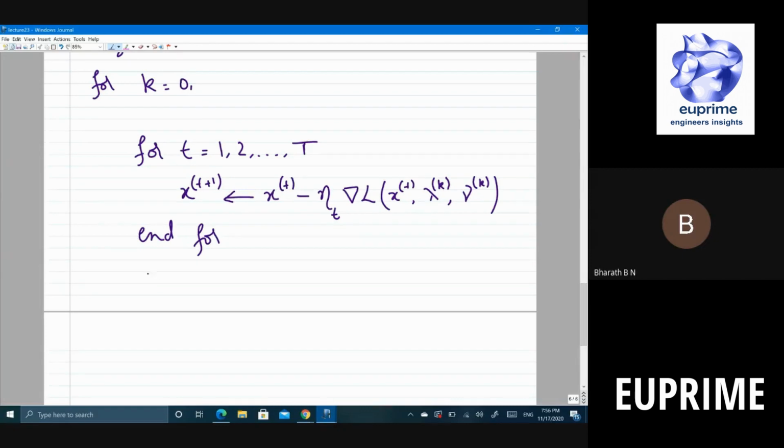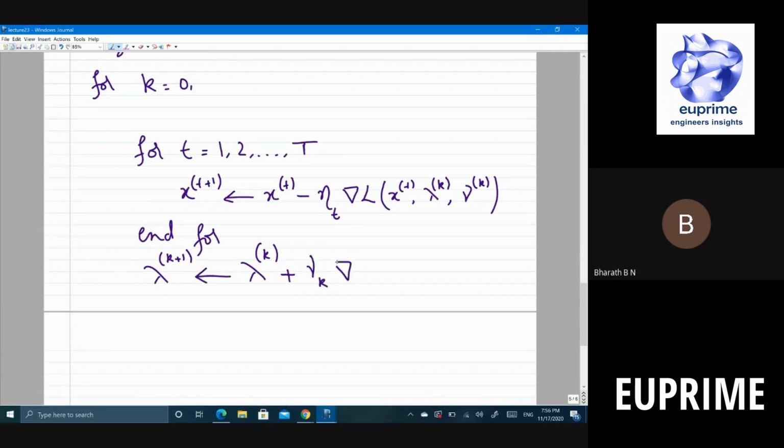Okay. So now I have to update lambda. What should I do? Lambda k plus 1 is lambda k. See, this is a maximization problem, right? So plus would be there. Plus, instead of eta, I'll use gamma k.